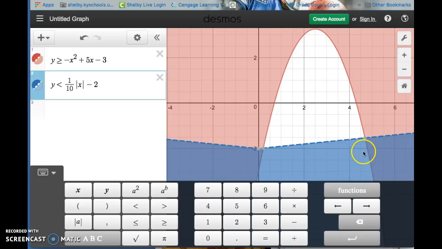However, if I picked a point x is 6 and y is -2, I do have a solution because I fall in the overlap. Or if I pick a point x is -1 and y is -3, it falls in the overlap. So that is a solution to my system of inequalities.